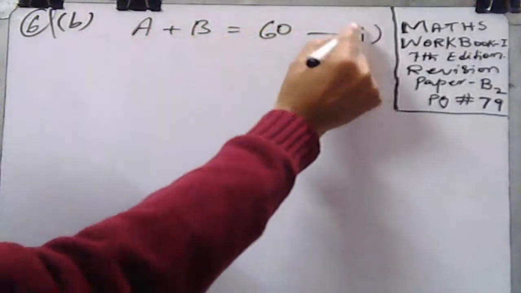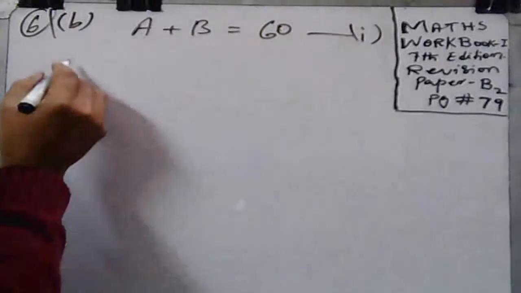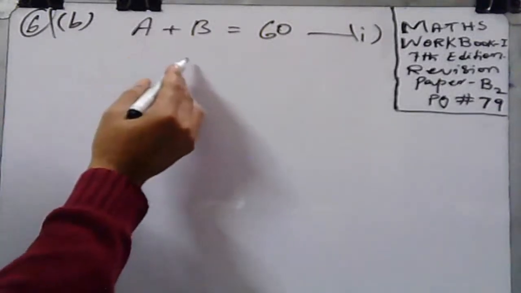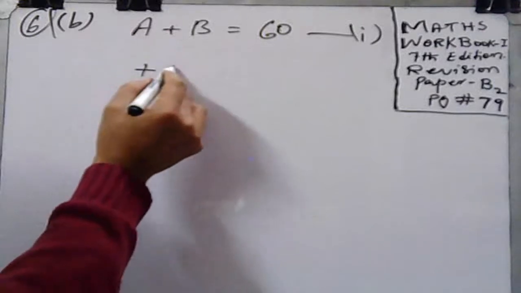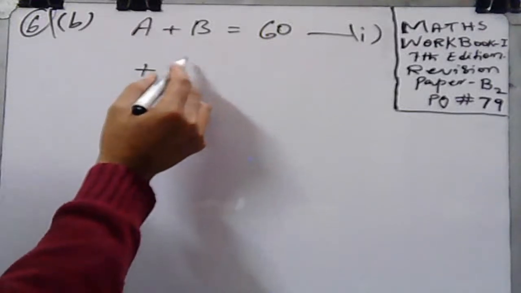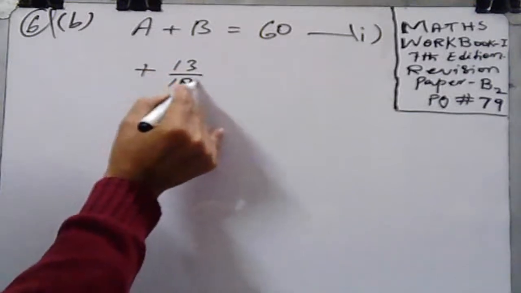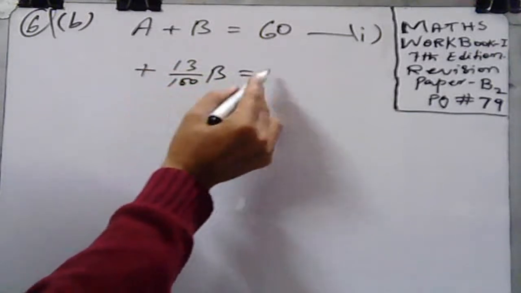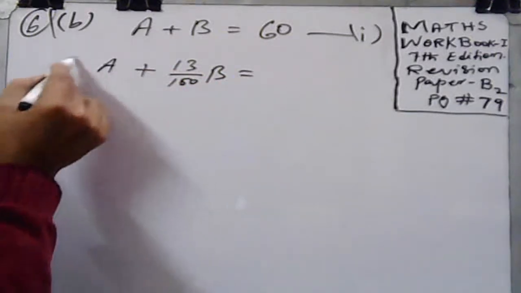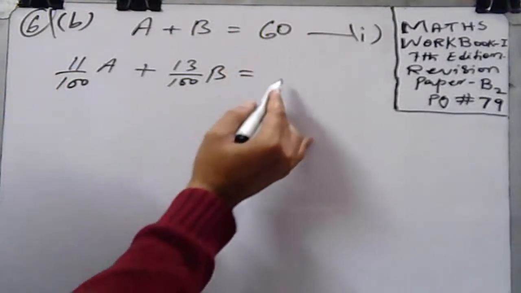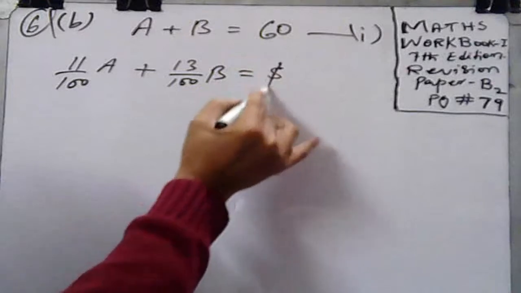Then 11 cent for A type and 13 cent for B type, so it means dividing by 100. That is 13 divided by 100 for B type, because it should be converted to dollars, and 11 divided by 100, it will give you $7. This is your equation number 2.